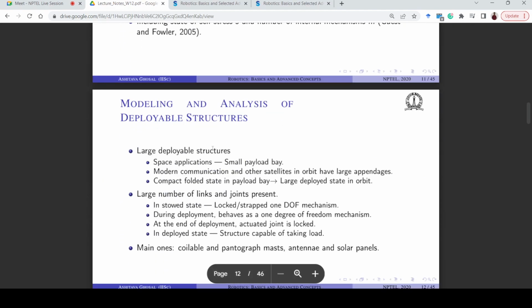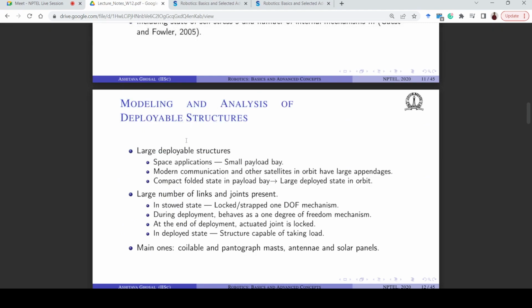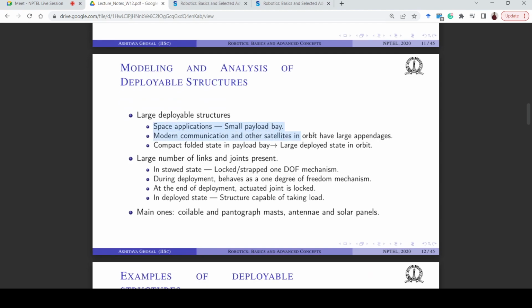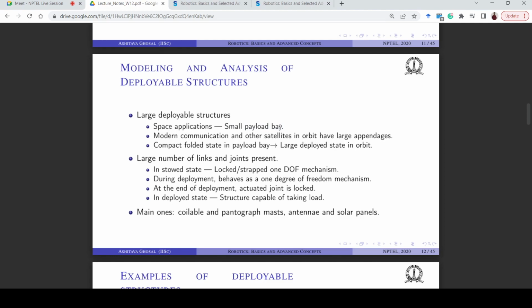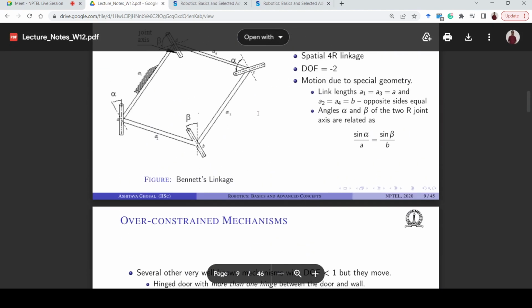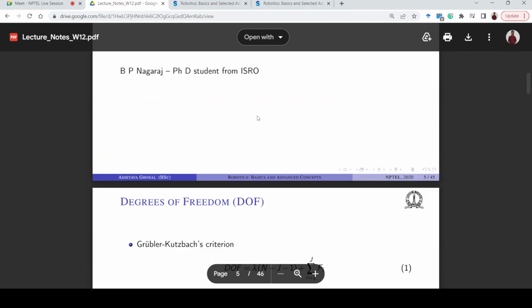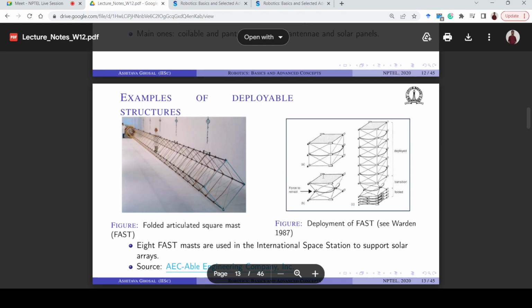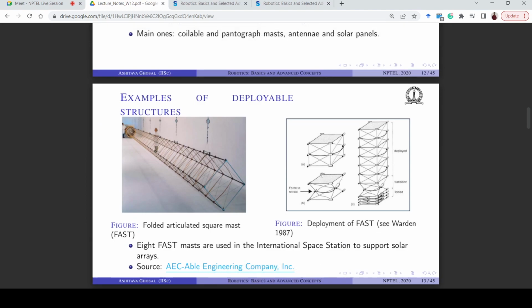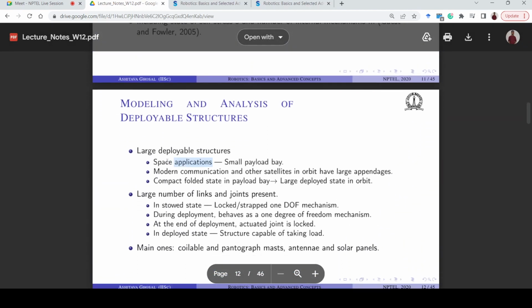Then, continuing on the modeling and analysis of these kinds of deployable structures, there were some applications, like space applications, where they have to have a small payload. So this kind of structure needs to be as small as possible so that it takes very little space when being transported, and then it can expand when it reaches its target.